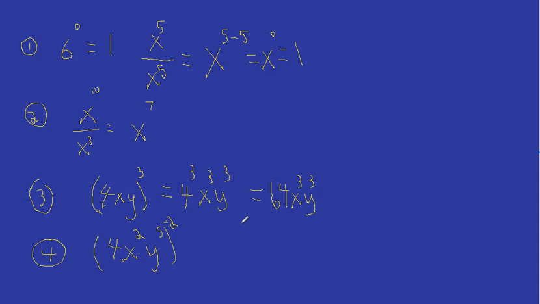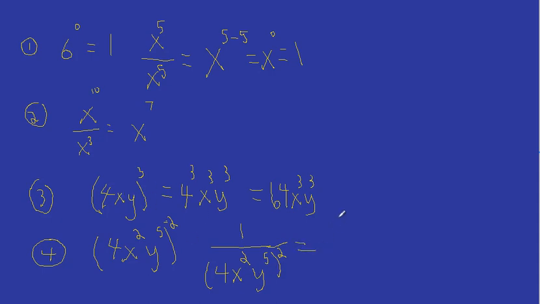This will simplify to 1 over parentheses 4x squared y to the fifth, all of that squared. This is how a negative exponent is defined. Well, here, this denominator you can simplify like you simplified over here.